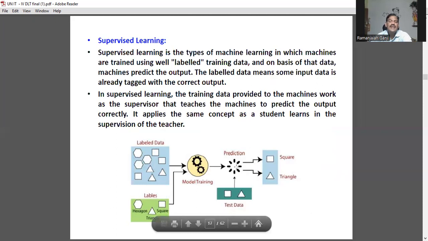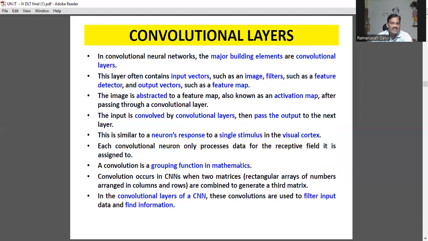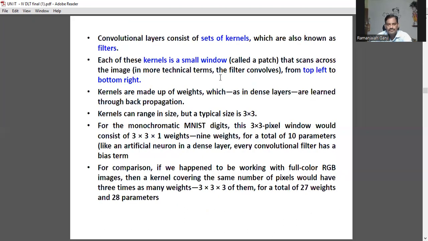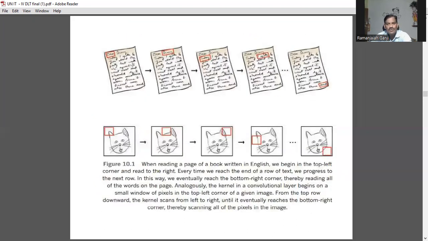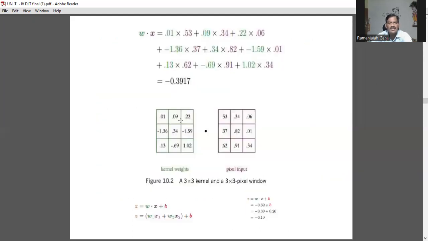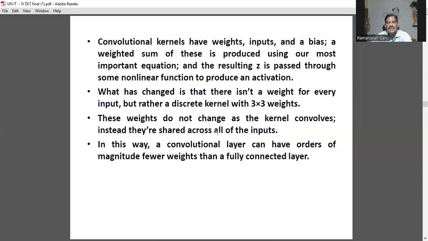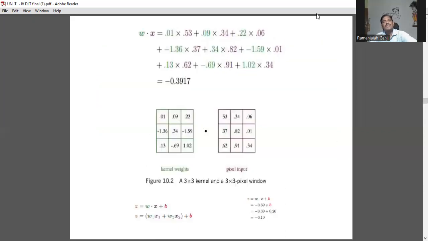I told you three categories of approaches: supervised learning, unsupervised learning. Convolution layers are the major building elements in convolution components, where we have a set of kernels performing convolution activities, shown in diagrams along with the corresponding calculations.